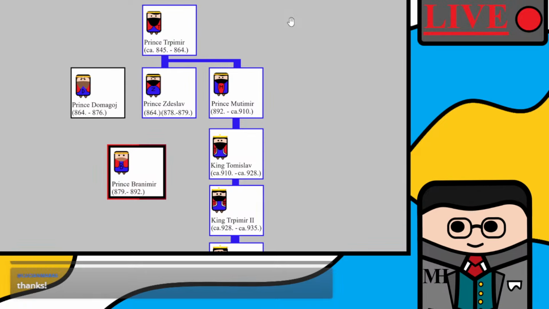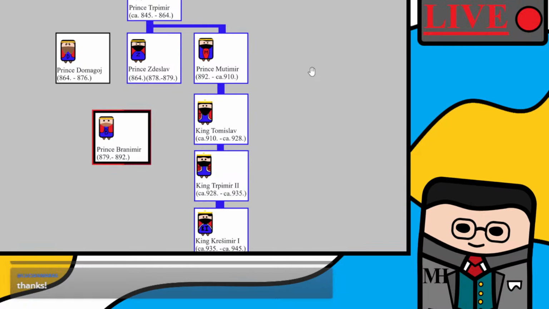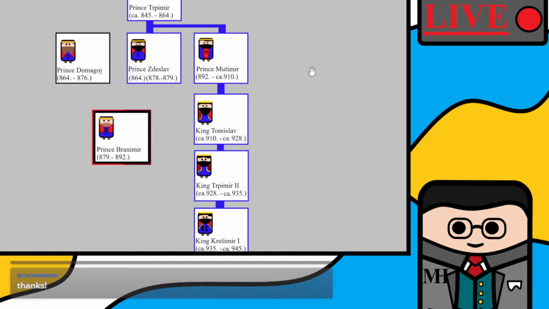For Prince Domagoj more specifically, you have the changes between Pessimus Dux Sclavorum and Pessimus Dux Croatorum, which I think Pessimus Dux Sclavorum is the correct historical one, and Pessimus Dux Croatorum is something that was just attached later, but I am not sure as to the sourcing of that. I didn't look into it for this, but it's something that I remember, and it's easy to mix up if you're just talking general history.